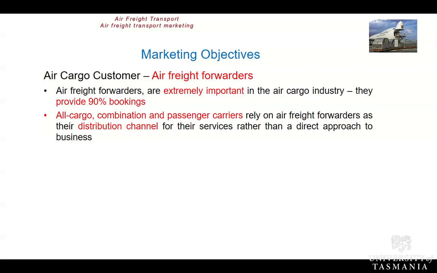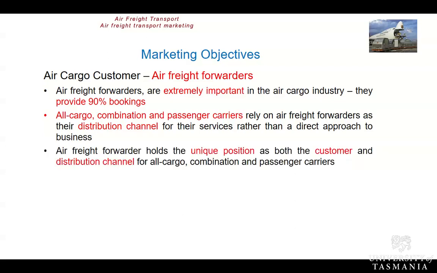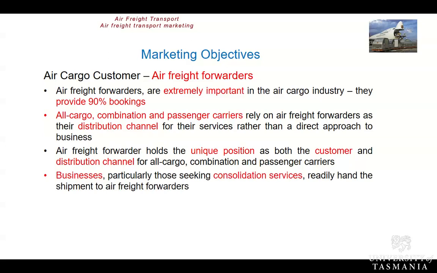So there's a subtle difference, and it's mainly tied in with the business model of both those different groups. So ultimately, you've got this freight forwarder who holds quite a unique position in the air cargo industry as both a customer and a distribution channel.